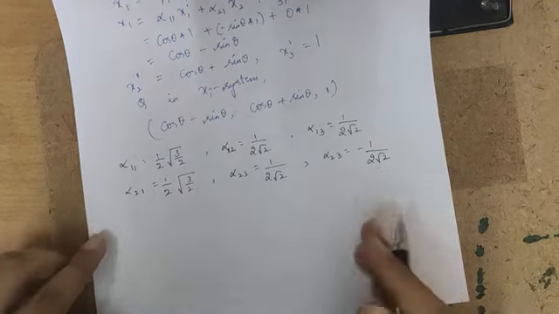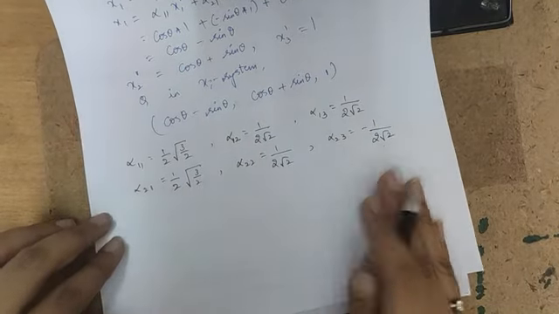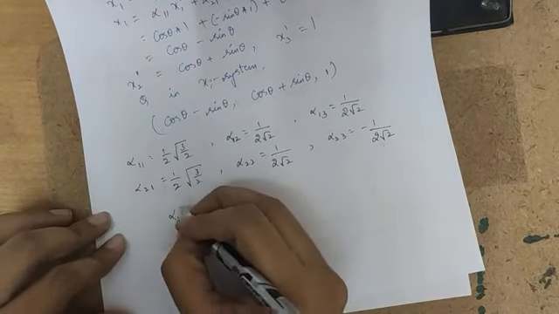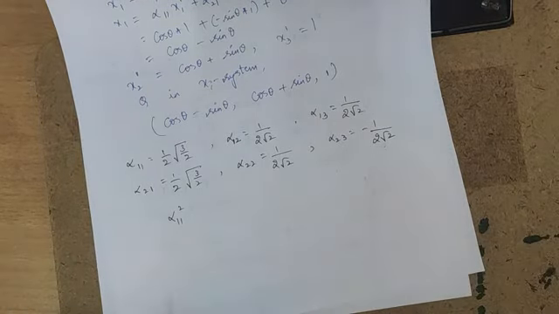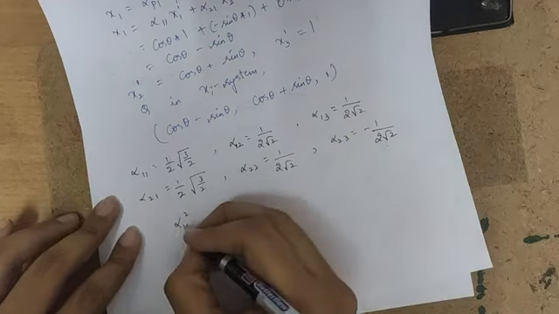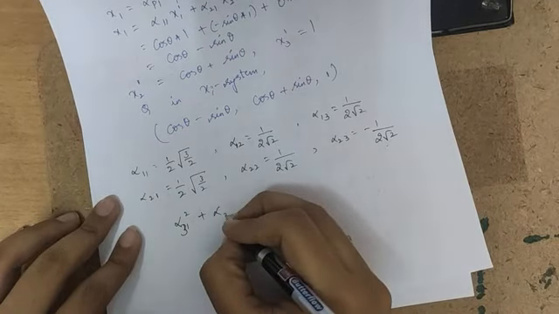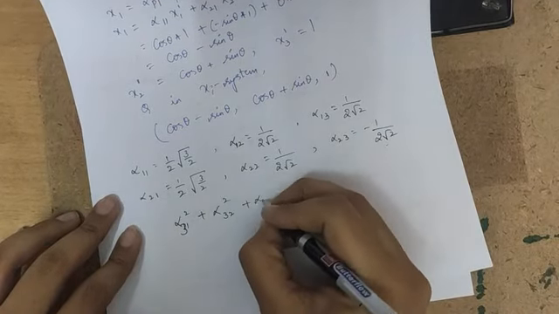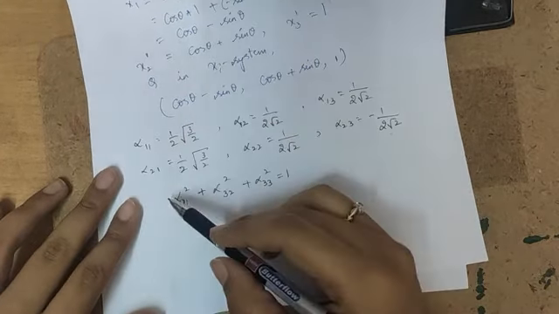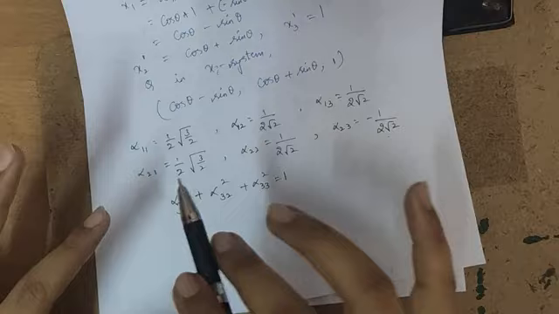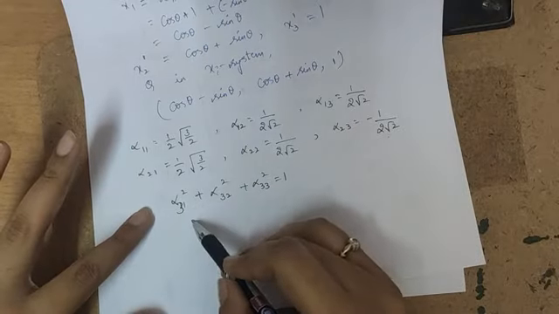Okay, so from the mutual sum of squares concept, I can write alpha 31 square plus alpha 32 square plus alpha 33 square is equal to 1. Since I am solving for the last row, I am using this.